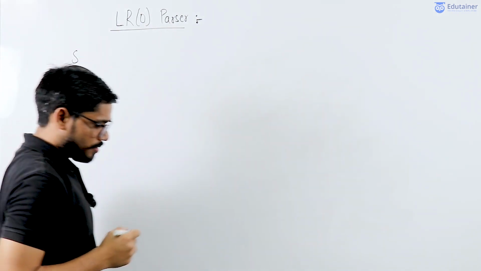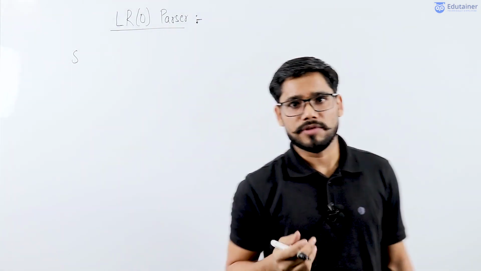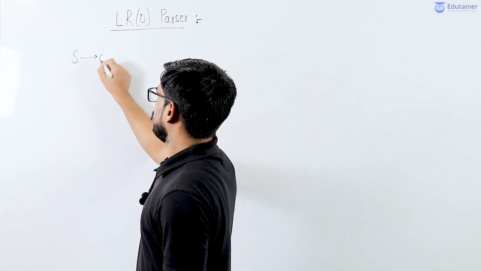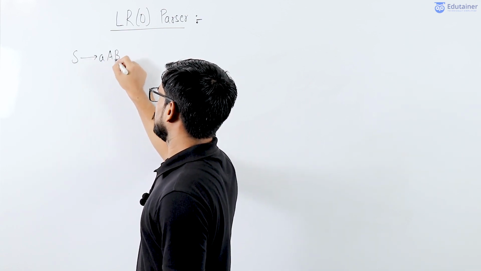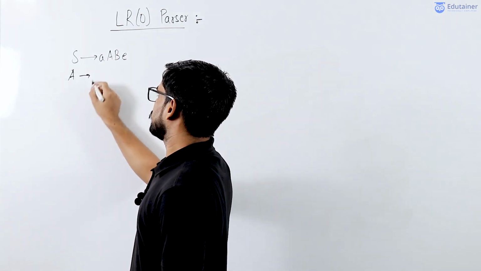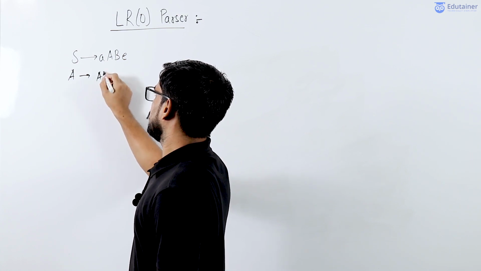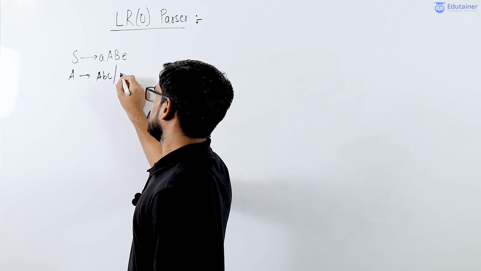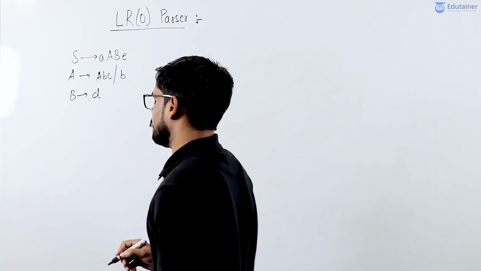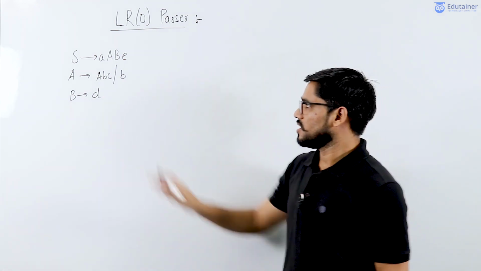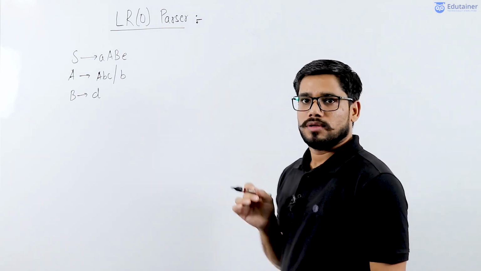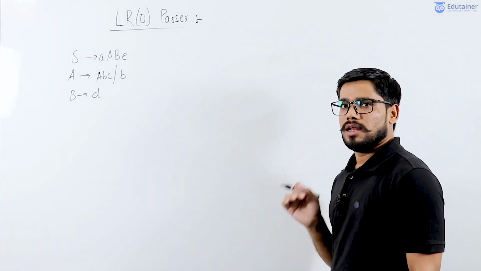The example which I took in the LL1 parsing table, the same example I have considered again. S derives a A B a, then A derives A B C or simply B, and B derives d. So this is the grammar, and for this grammar I need to know the canonical collection of LR0 items.